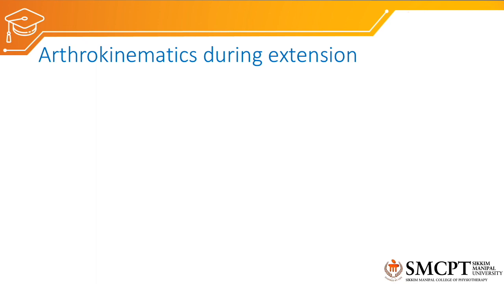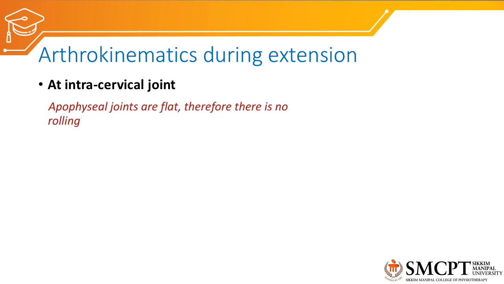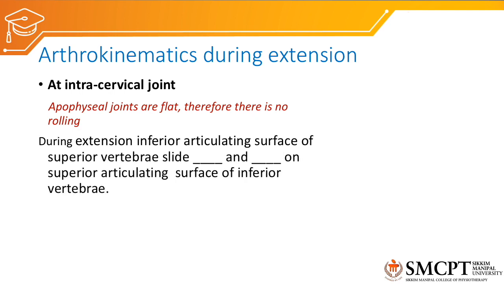So the arthrokinematics during extension at the intercervical joint. Here the epiphyseal joints are flat, therefore there is no rolling, but sliding will be towards the direction of the movement of the bone. So during extension, the inferior articulating surface of the superior vertebra slides blank and blank on the superior articulating facet of the inferior vertebra.